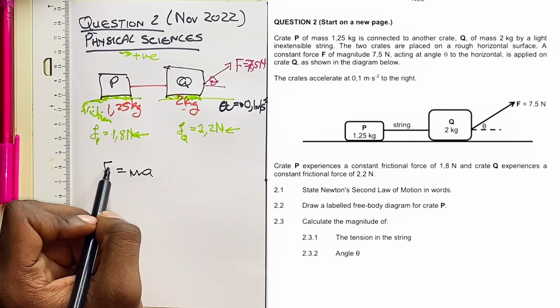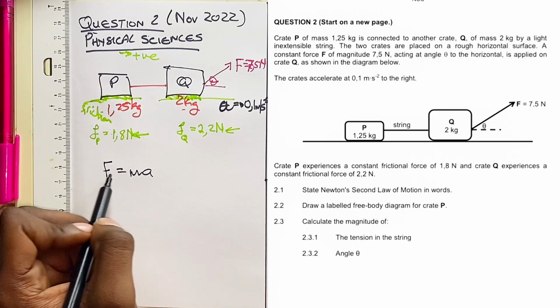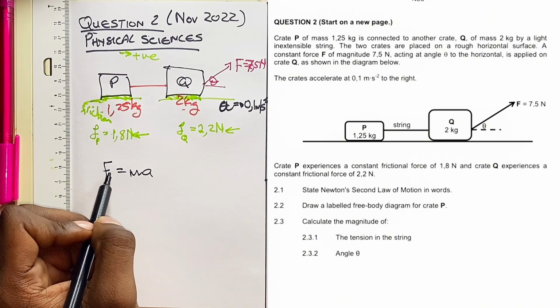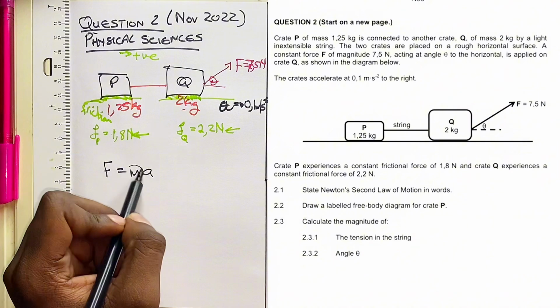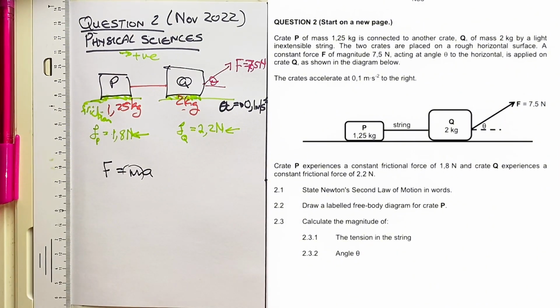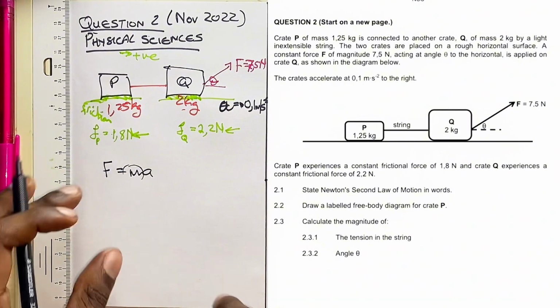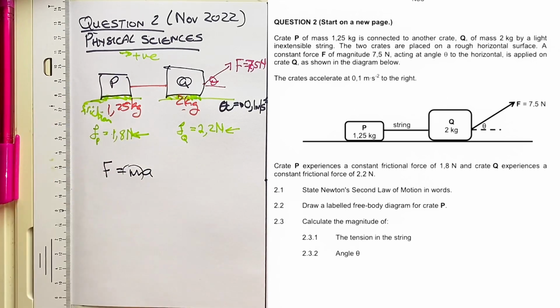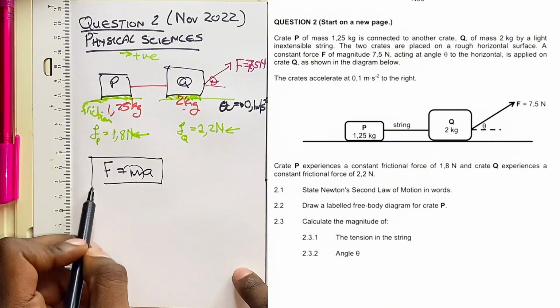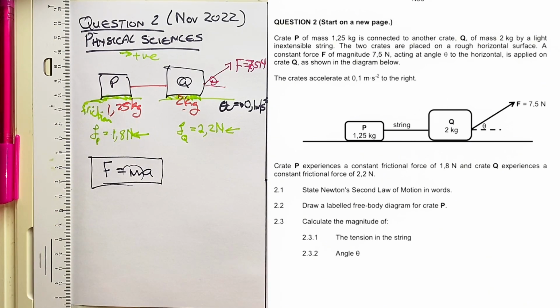And the acceleration is directly proportional to the resultant force, but inversely proportional to the mass of the object. Now you can go on and read about that one, but it's essentially represented by this formula.